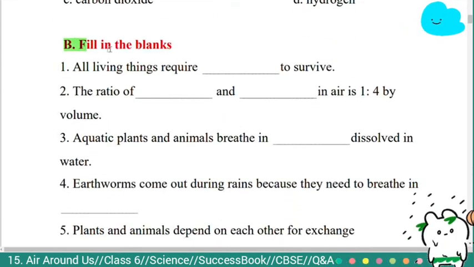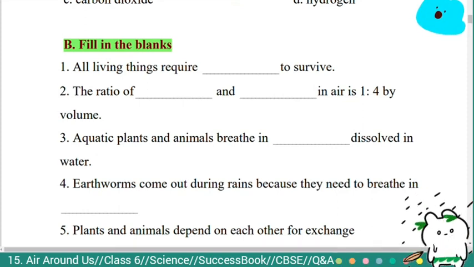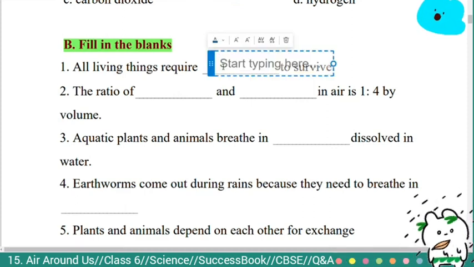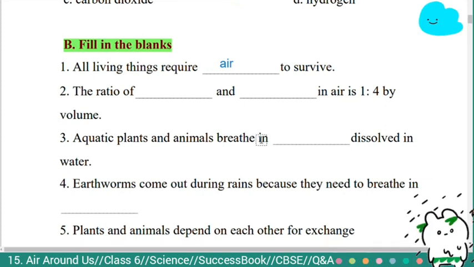Second, main B. Fill in the blanks. First one, all living things require dash to survive. All living things require air to survive.